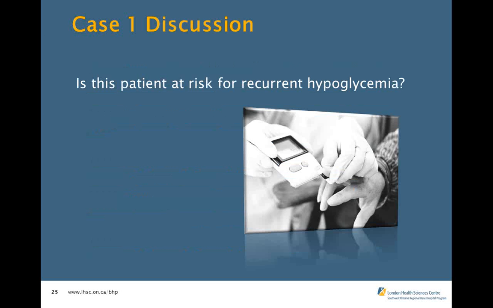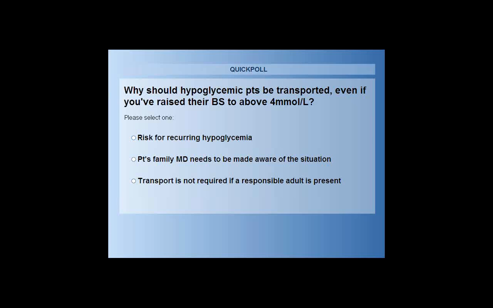All right, so following that case, we're actually going to launch a poll here to make this a little interactive for you. So you're going to see a poll up on your screen now. The question is, why should hypoglycemic patients be transported even if you've now raised their blood sugar to above 4? So imagine you've treated that patient and they're refusing, just as in case 1. Why should they be transported?